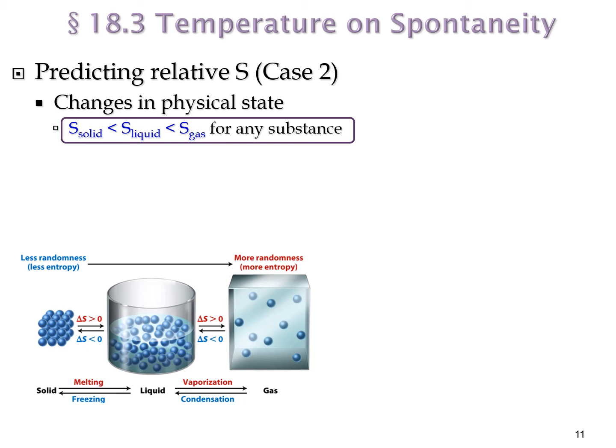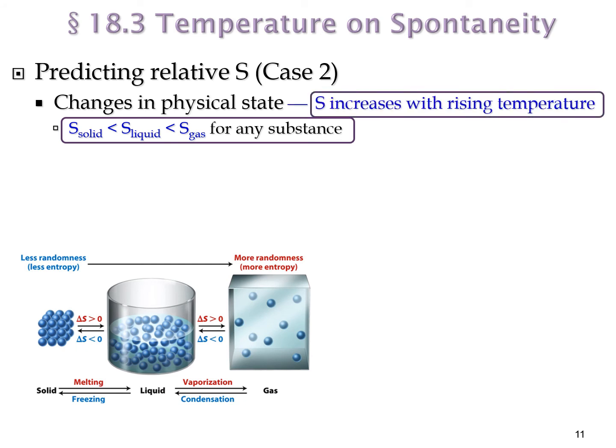So that certainly explains why a solid has less entropy than a liquid, and a liquid has less entropy than a gas. That is true for all substances, no exception. So entropy increasing with rising temperature explains why we have that rank, the order of entropies among solid, liquid, and gas.